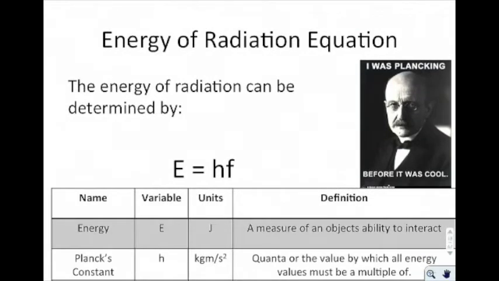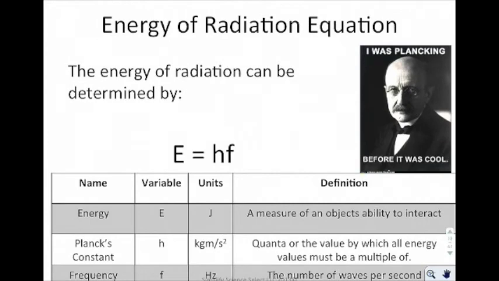So this right here is Planck's equation, and it used this idea, the fact that the energy and the frequency of radiation, so once again this should be ν. It just depends on the textbook really, but E = hν should be the equation. And what you have is, this is the energy. This is the same energy that we've talked about quite a bit, energy in joules. This h value is called Planck's constant.